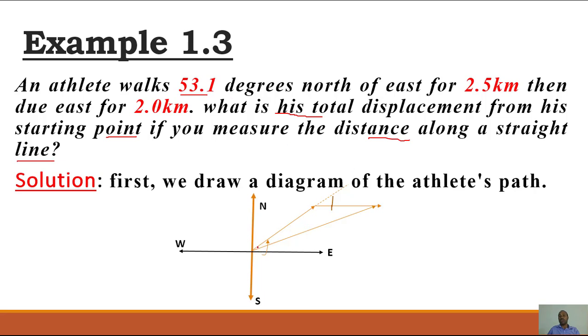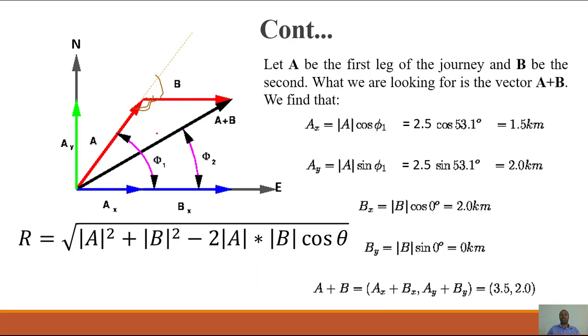Then after he walks 2.5 kilometers, again he walks this other leg. Now let us see. Let A be the first leg of the journey and B be the second leg of the journey. What we are looking for is the vector A plus B, the sum of these, which is the displacement.